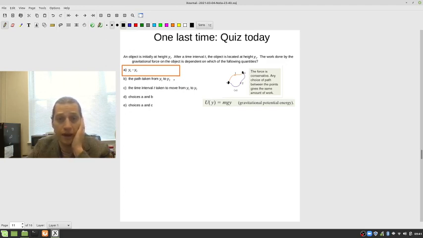It doesn't matter what path you take. It doesn't matter how much time this took. If we want to talk about the work that has been done by the gravitational force, that force is acting in this direction, and it only is going to depend on how much your distance in that particular direction has changed. Okay, so that's sort of what we mean by a conservative force.